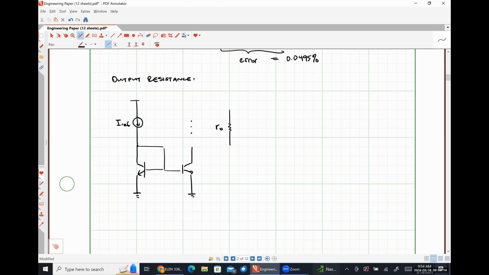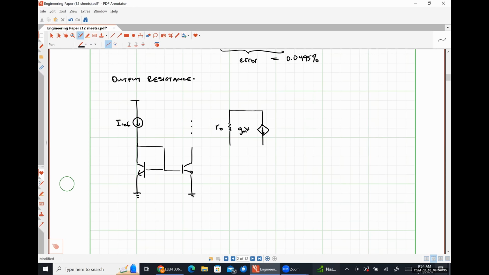Here's R naught for the transistor on the left. And because our transistors are matched, I'm not going to bother putting further subscripts here because they're all going to be the same thing, right? Oops, this should be a current source.